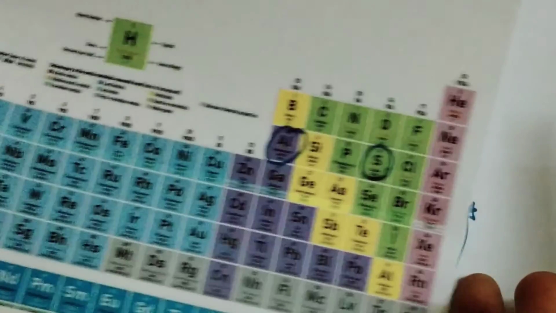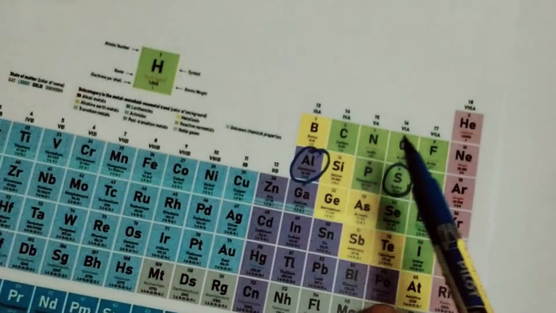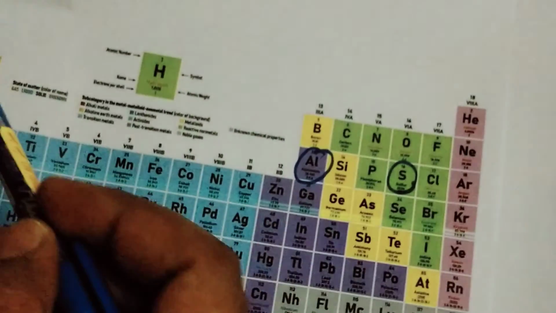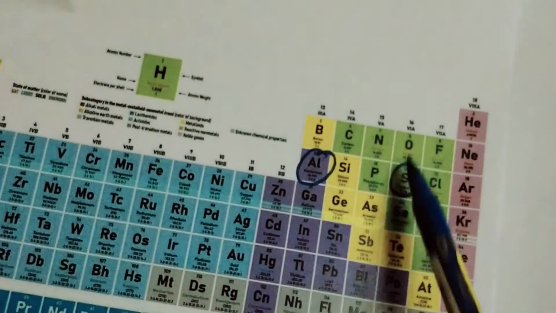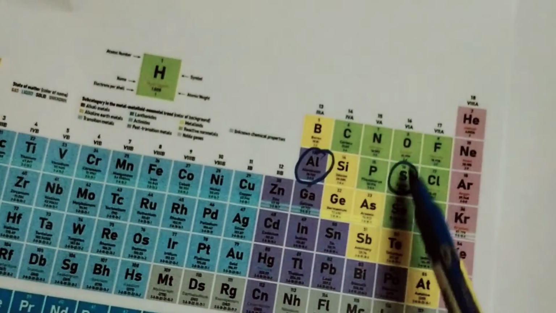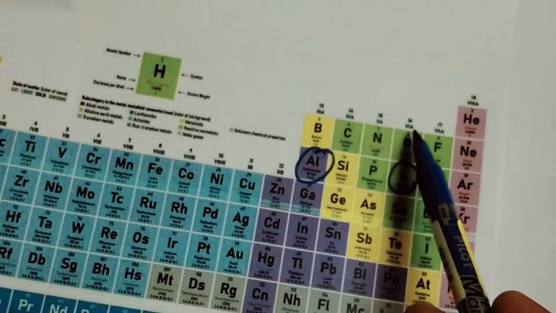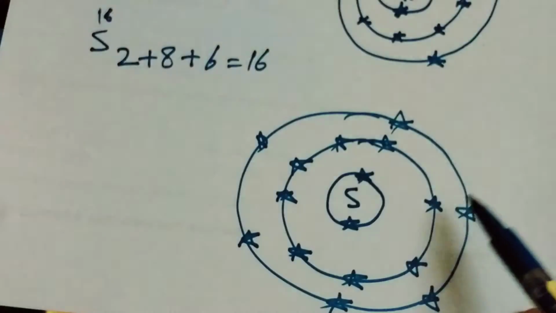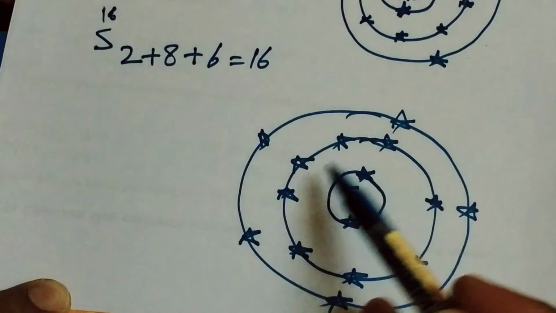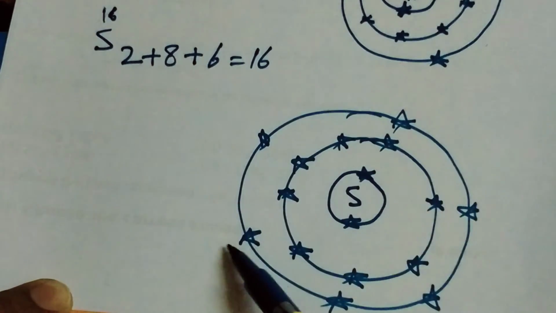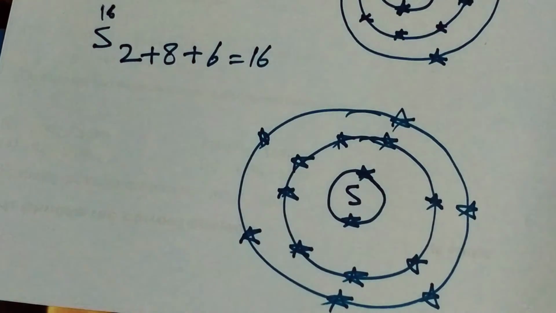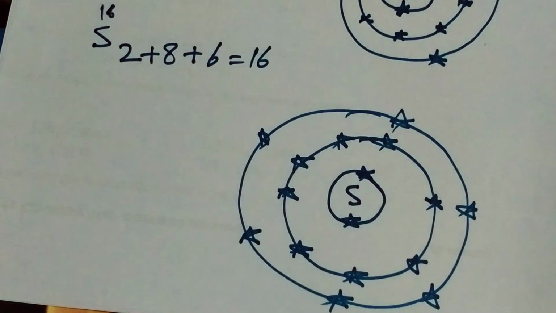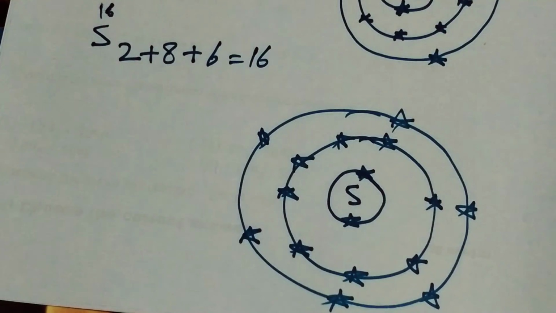We will see according to the group. Which group is it in? 1, 2, 3, 4, 5, 6. So sulfur is in the 6th group. So the outer shell will hold 6 electrons: 1, 2, 3, 4, 5, 6. Understand, my dear? This is the role of the periods and the groups.